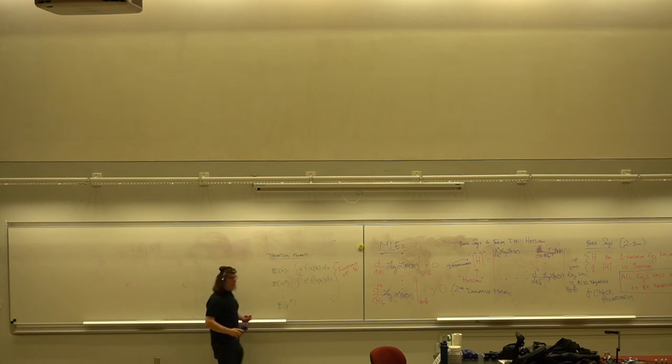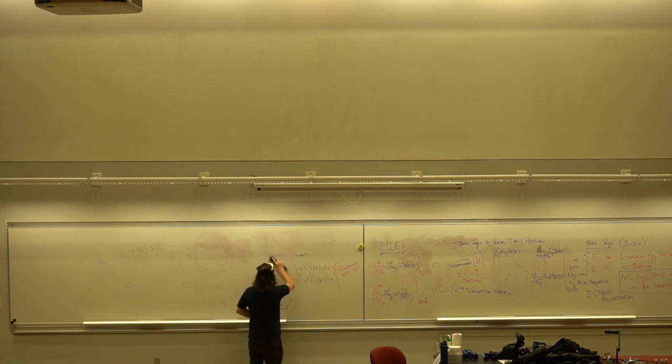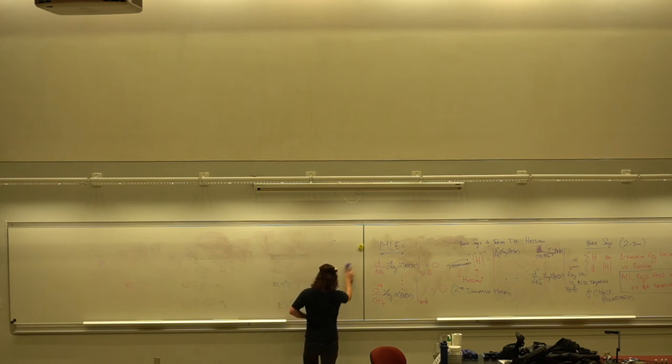We really do need decision theory to invoke Bayes estimator, so I'm going to hold off on that for a little while. I'll say something about it before we march on with this lecture.